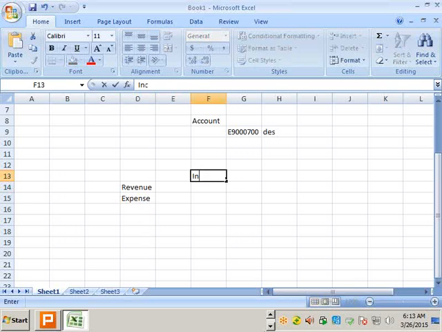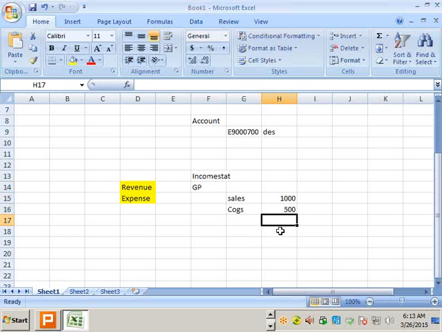In the income statement, while creating it, we deal only with revenue and expense account types. For example, sales, cost of goods sold, or purchases, and this one is gross profit. In the previous session we discussed that if you give sales 1000 and enter the data input as 500, gross profit gets calculated automatically. How is it calculated, without giving any information about whether it is addition or subtraction?